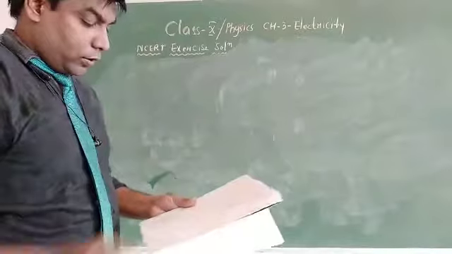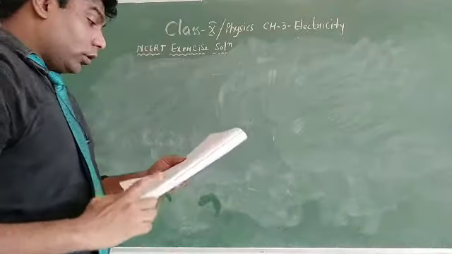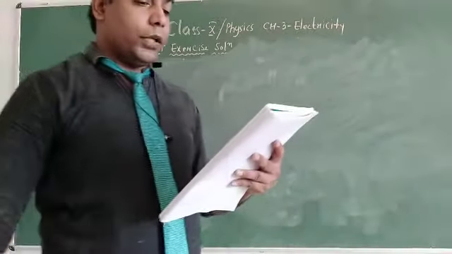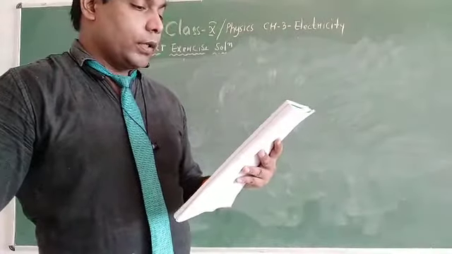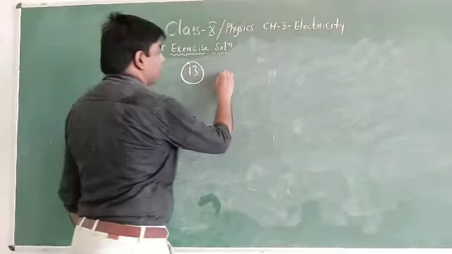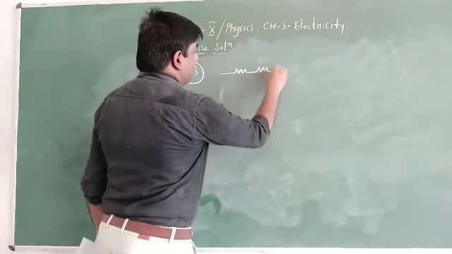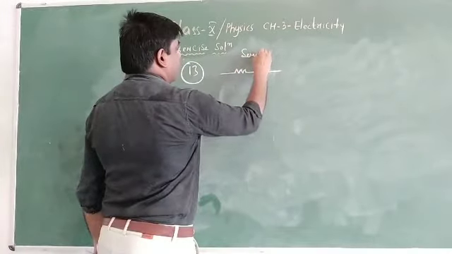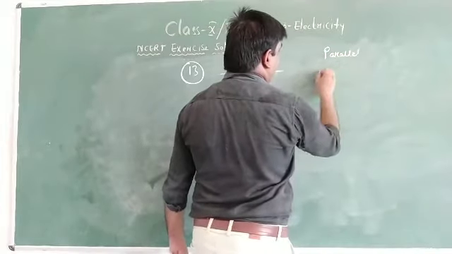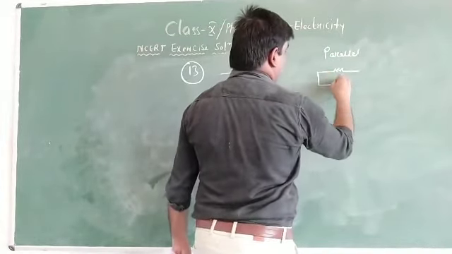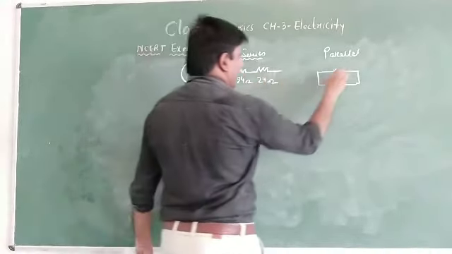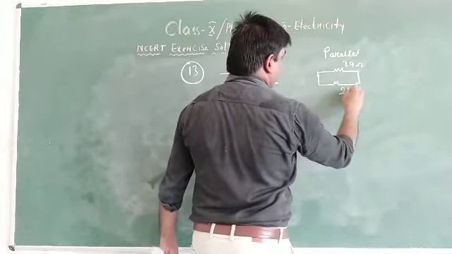Question number 13. A hot plate of an electric oven connected to a 220 volt line has two resistance coils A and B, each of 24 ohm, which may be used separately, in series or in parallel. What is the current in each case? Right?